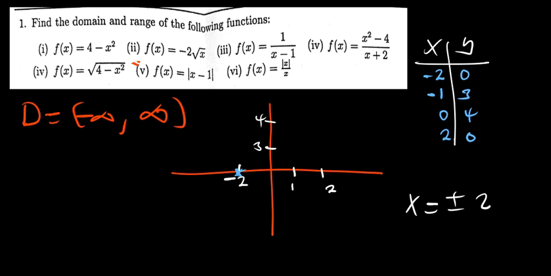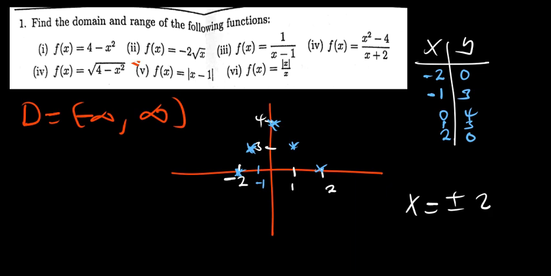So I'm supposed to put negative 1 here. So negative 1, 3 should be here. What else do we have? 0, 4 is there. I can also have 1 in between here. If I put 1, I'm going to have 3. So it will be there. Then 2, 0 is there.